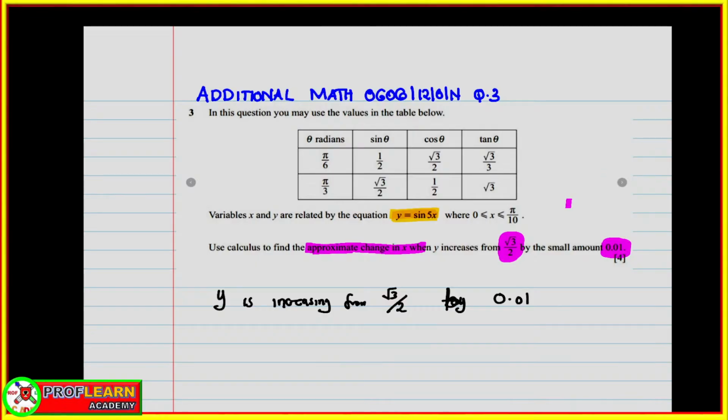So that is the first thing that we have to realize when we are working out this question.